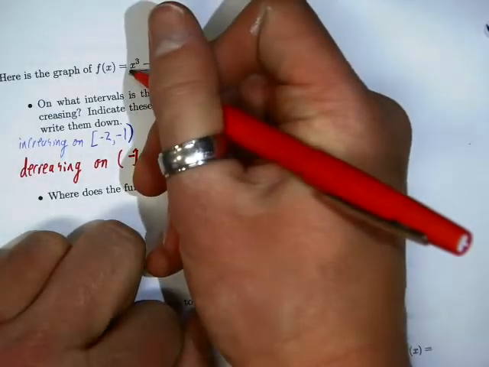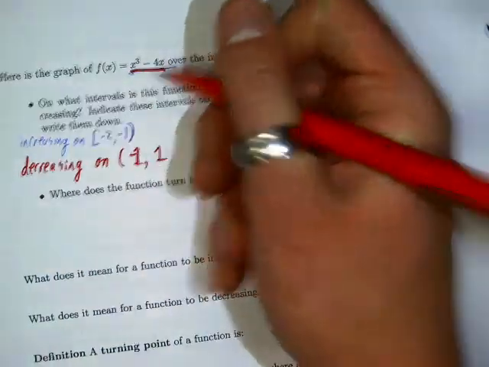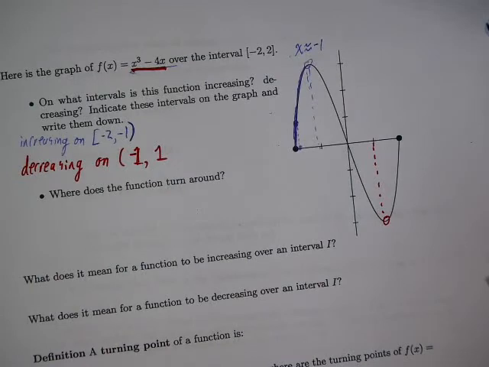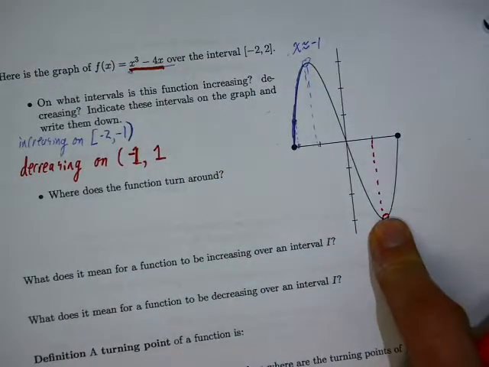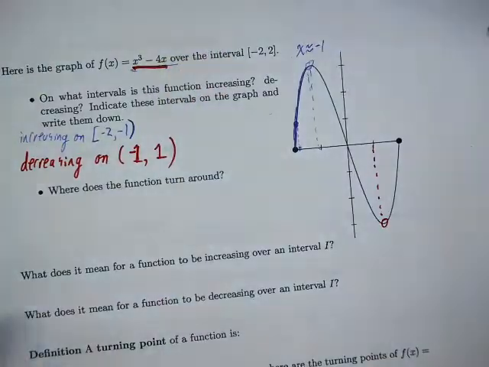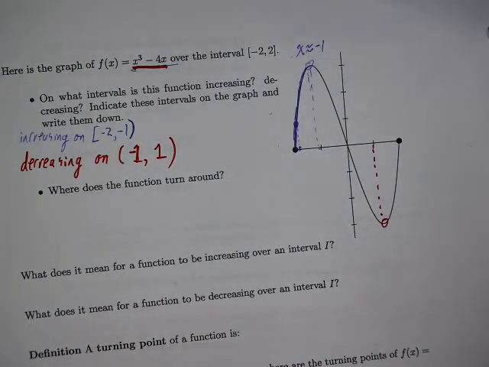Because if you look at this function, is that odd? Yeah, it is. So that means that this peak has to be the same as that bottom. So whatever the other x value is, it has to be the same. Decreasing from -1 to 1. And then it must be increasing from 1 all the way to 2.